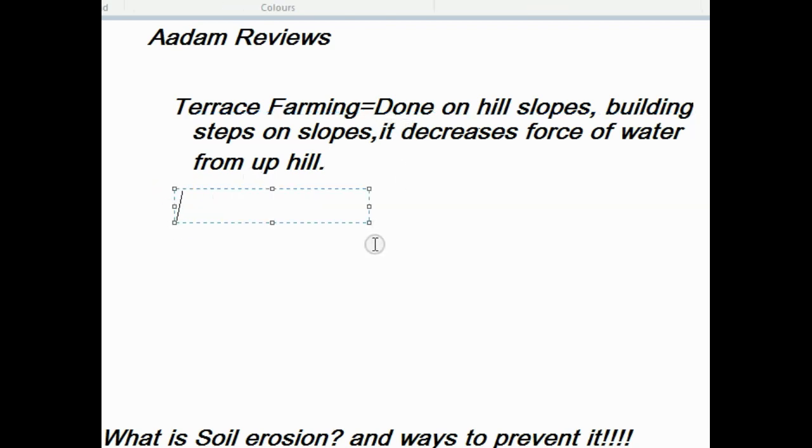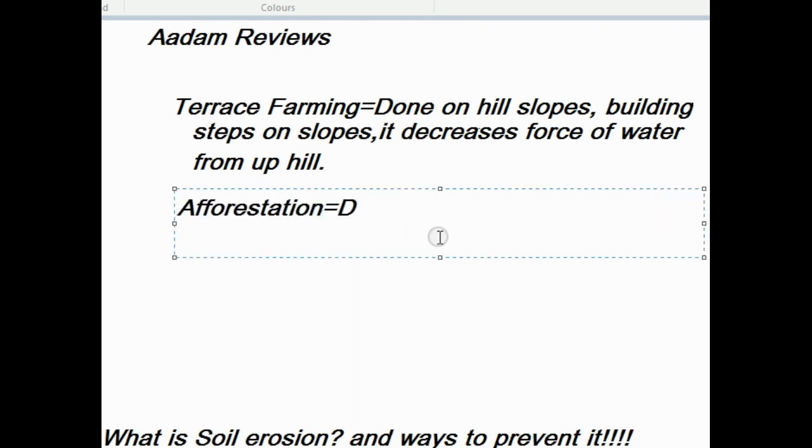Now let's get into our second way, which is afforestation. It is done by planting trees.